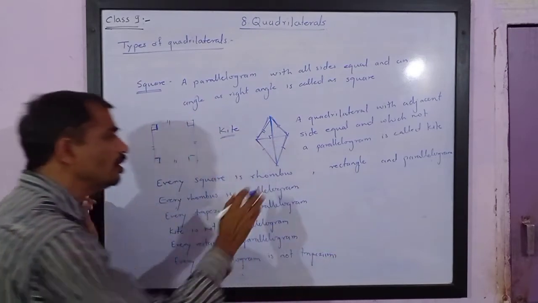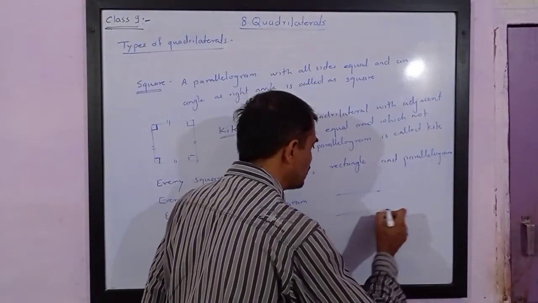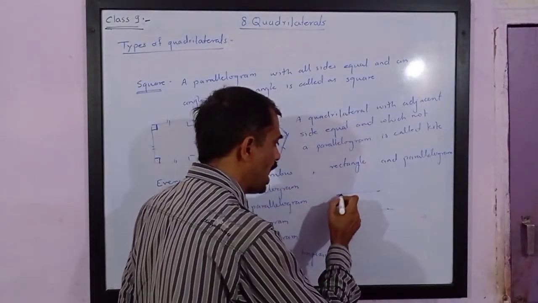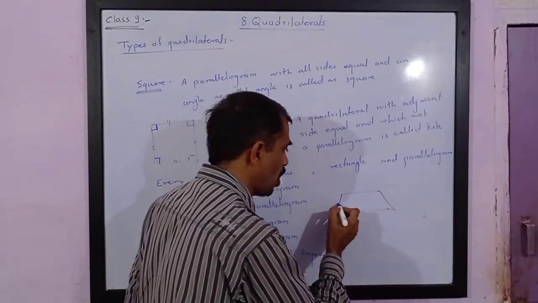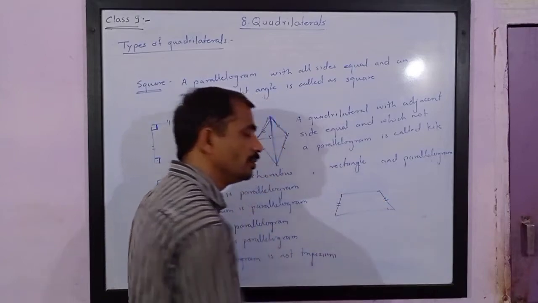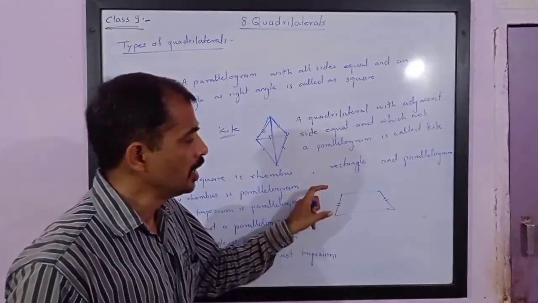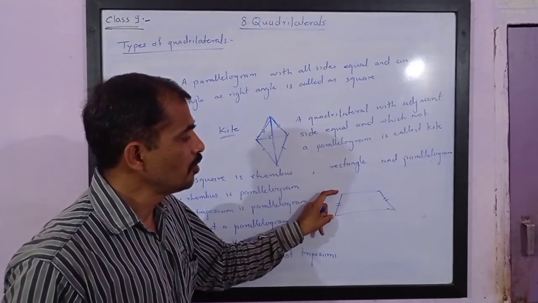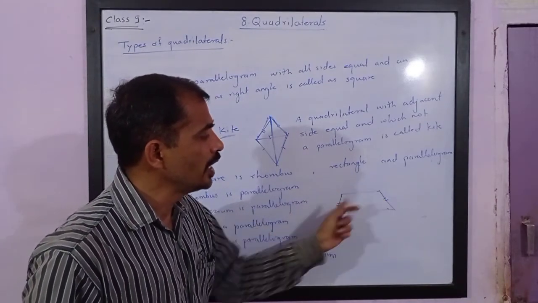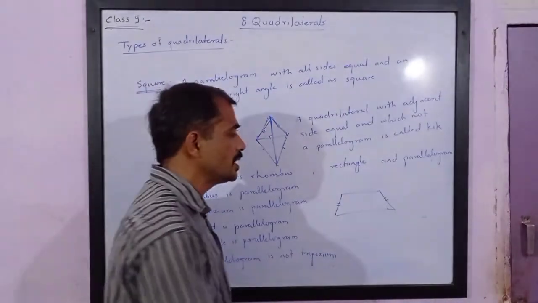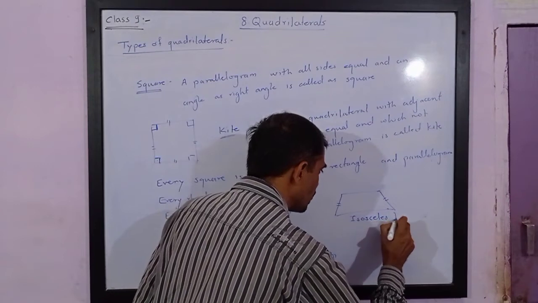Then one more thing we are going to study about trapezium. So we have already studied one pair is parallel and other pair is not parallel. Now if these non-parallel sides are equal, please note, they are equal in length, they are not parallel. So if non-parallel sides of trapezium are equal, then we call such a trapezium as isosceles trapezium.